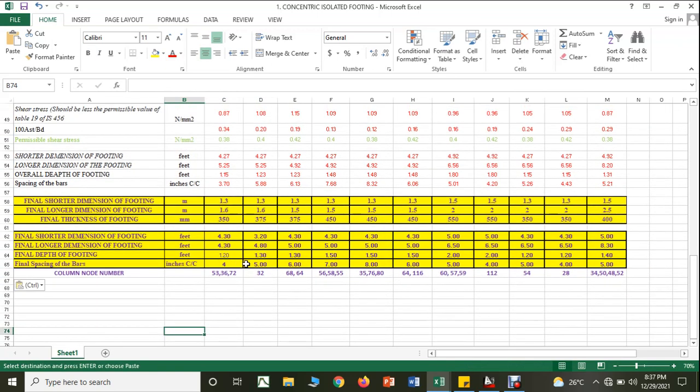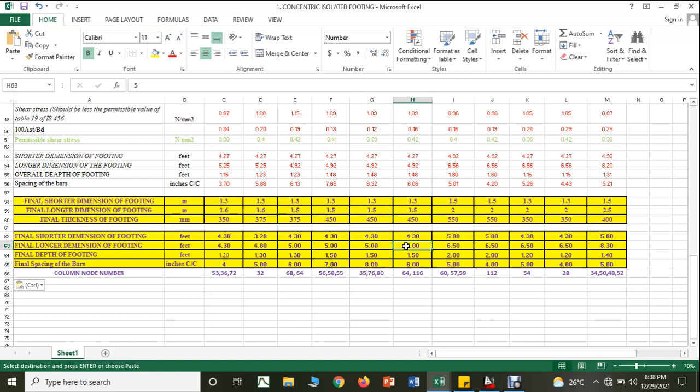By looking into this, you can see that this is 4.3, 4.3, and even this is 4.3, 4.3, but these two are the longer dimensions and these two are the shorter dimensions, whereas this is 4.3 but these three are 5.